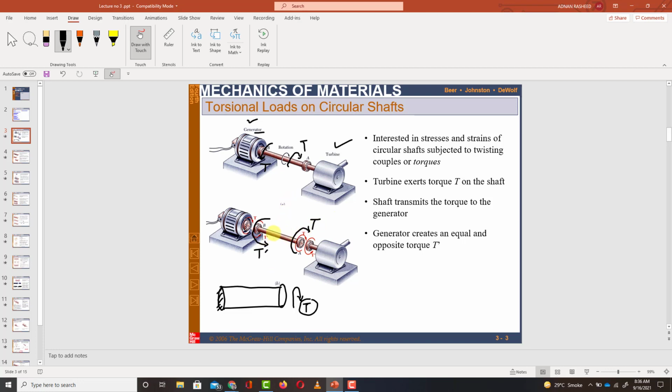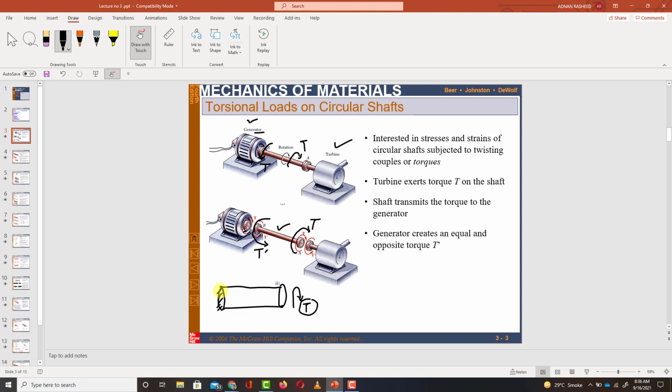Now due to these opposing torques, a twisting effect or deformation will be created in this shaft. Now this twisting effect due to these applied torques or couples is known as torsion.